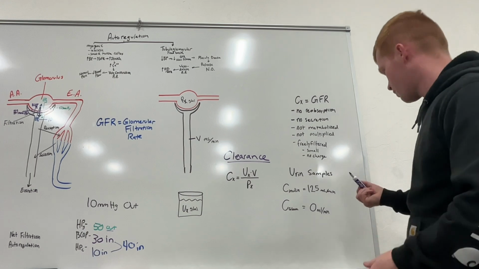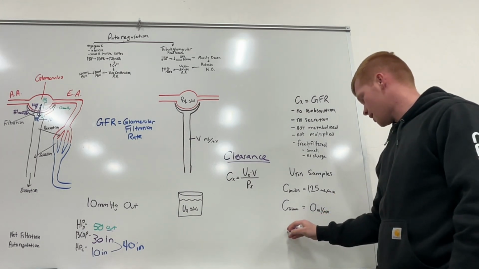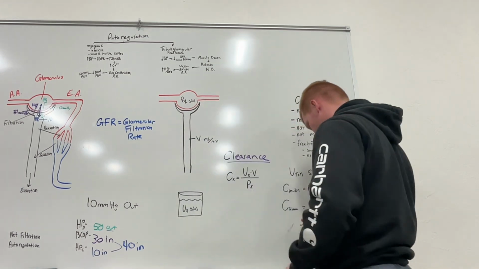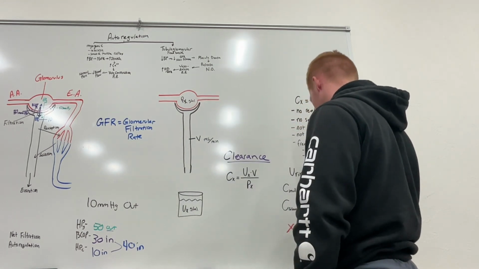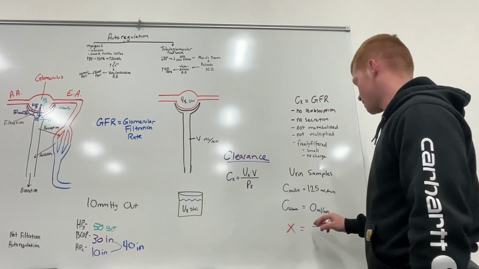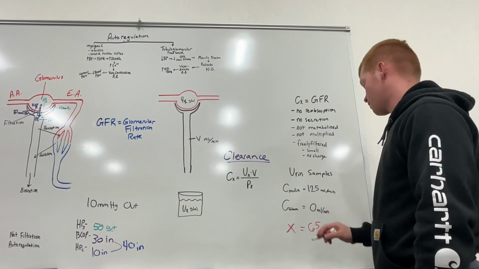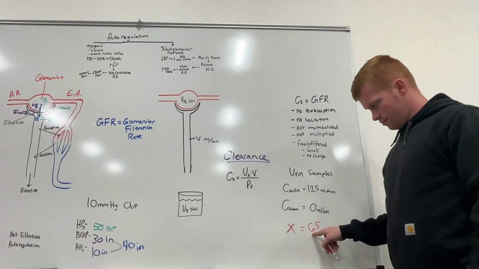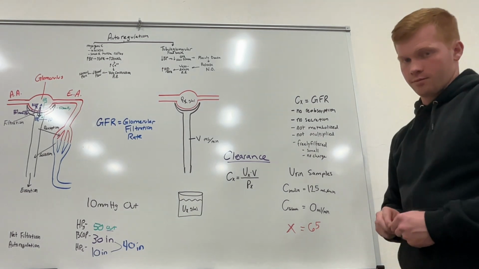If we got a number for another substance, substance X, we get substance X right here. Let's say substance X was at 65. We started out with 125. Now we got 65 for our clearance number.